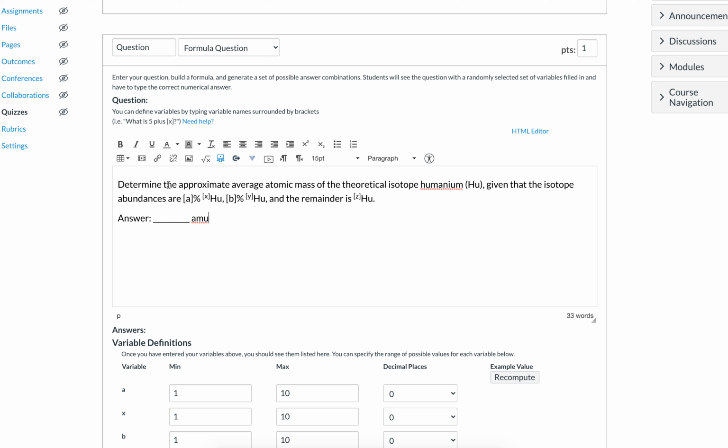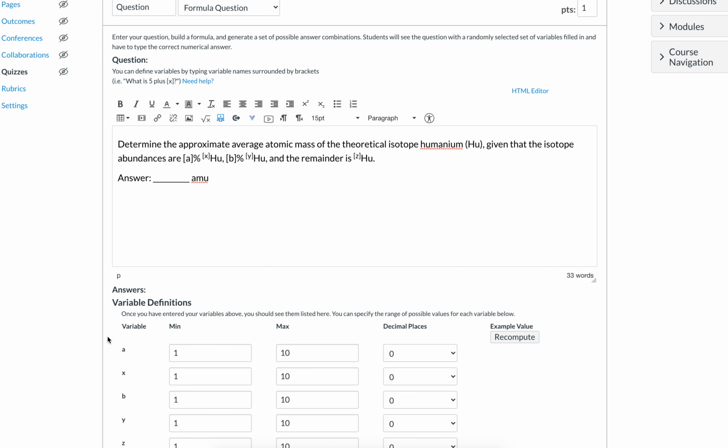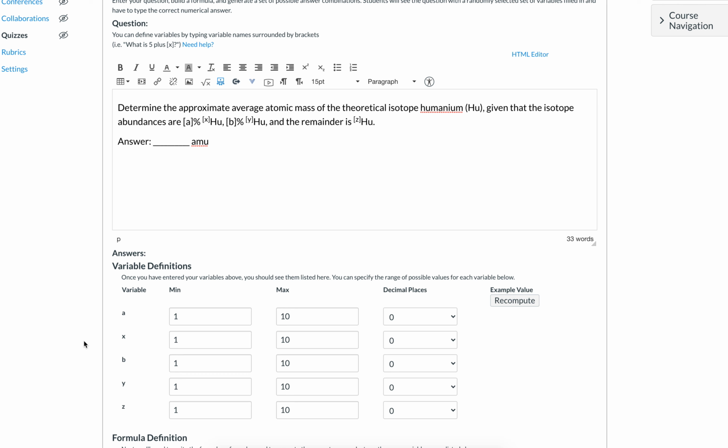This one says determine the approximate average atomic mass of the theoretical isotope humanium, given that the isotope abundances are a certain percent of the X isotope, a certain percent of the Y isotope, and a certain percent of the Z isotope. So down here, we see that A is going to be a percentage. So we can give that a percent value of between 15 and let's say 25.